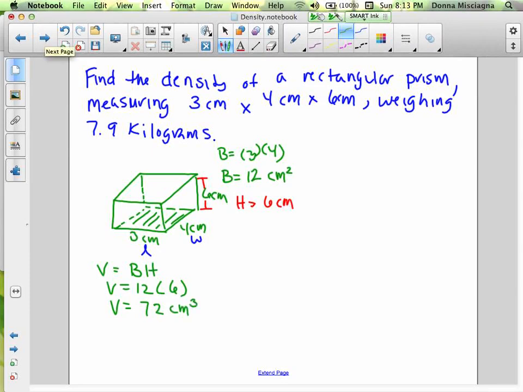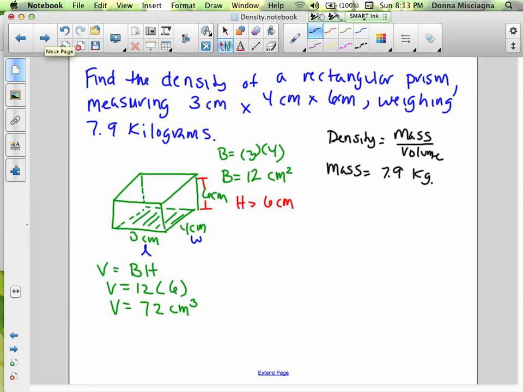Right, not too difficult. Now let's find the density. As a reminder, density is mass divided by volume. We're given the mass is 7.9 kilograms.